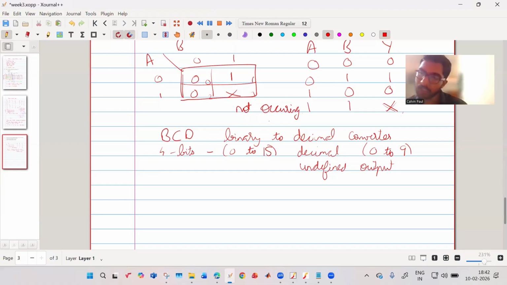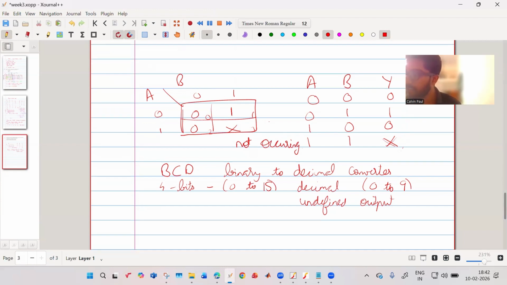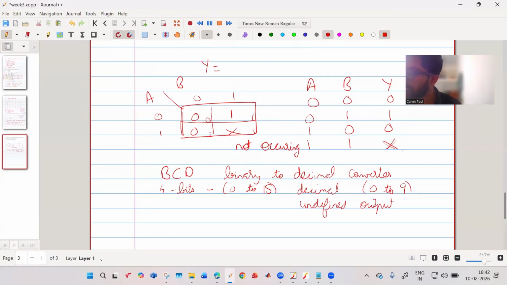In such cases, we use this don't care, this X. And when we use this don't care, we can make our output simple. Let us say for this case, A and B, your output Y is A bar and B. But if you consider don't care, you can assume X is 1 and combine it.